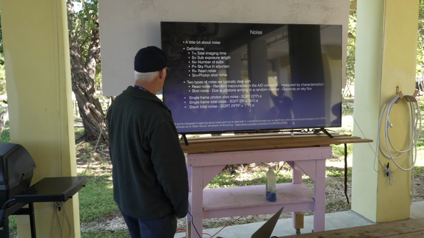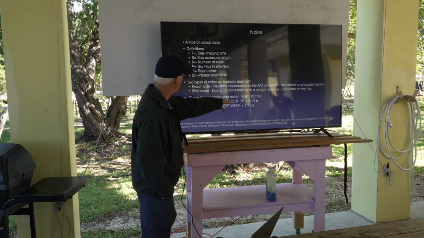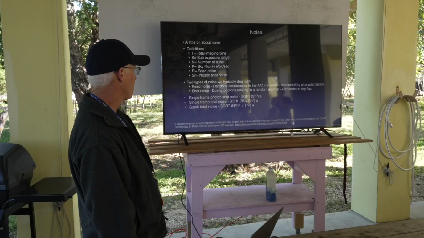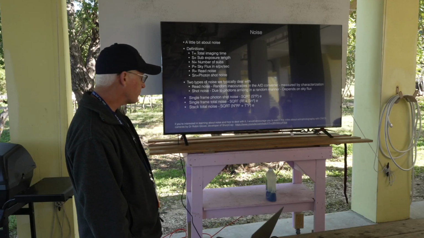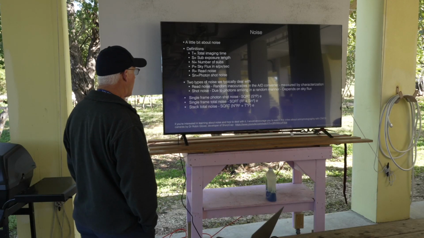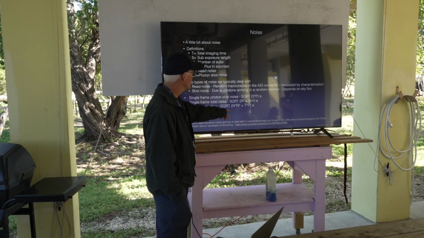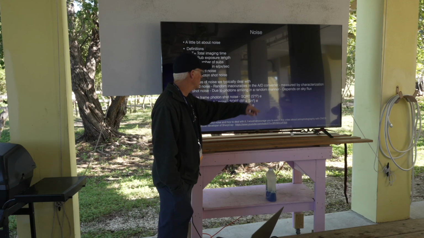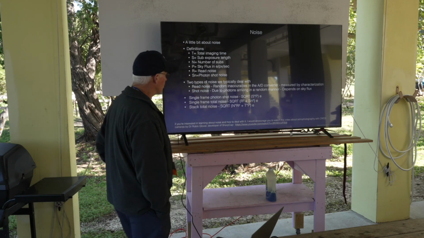And here's the chaos part. So these three little equations here, this thing called single frame photon shot noise, which is just the square root of your subexposure length times the sky flux. And single frame total noise, we have to add in our read noise. So it's the read noise squared. You add this in quadrature, it's a read noise squared plus the photon shot noise squared.